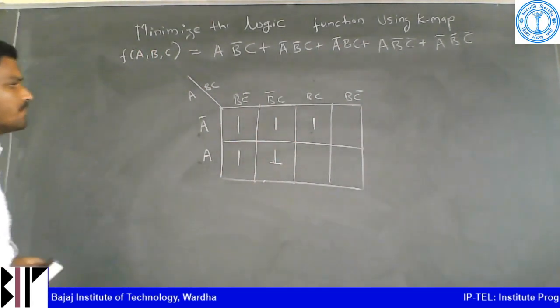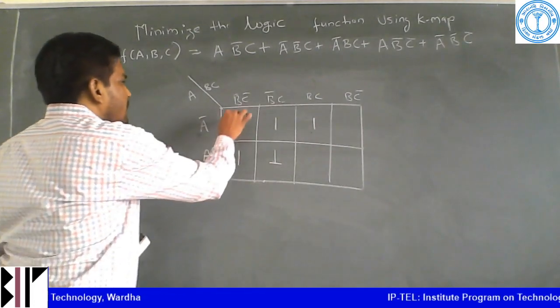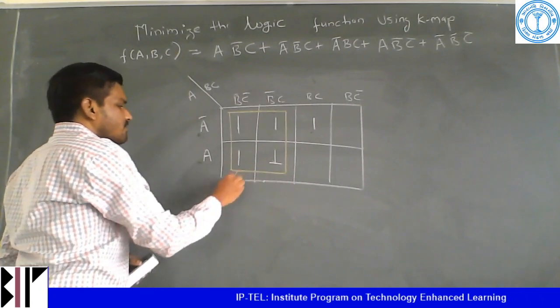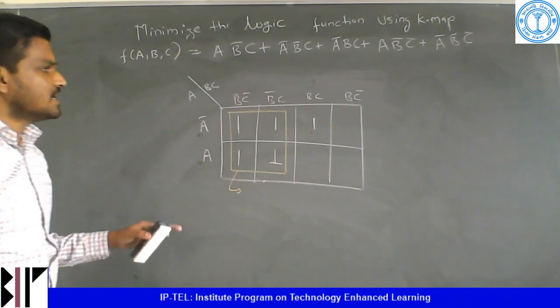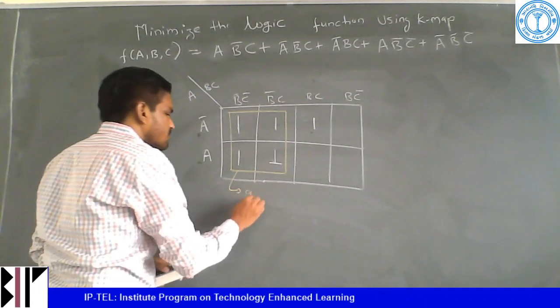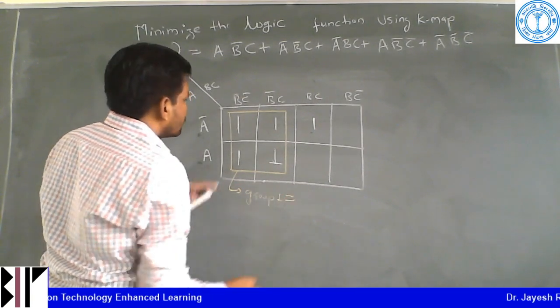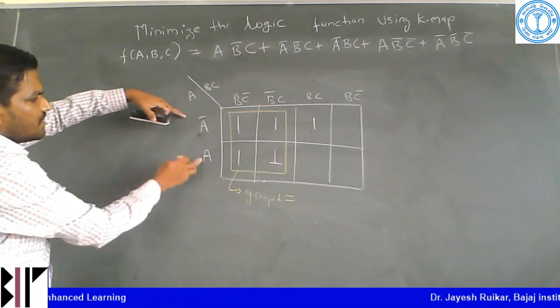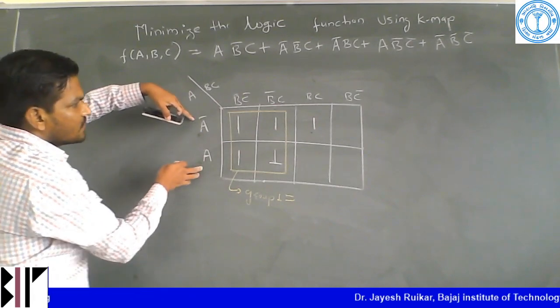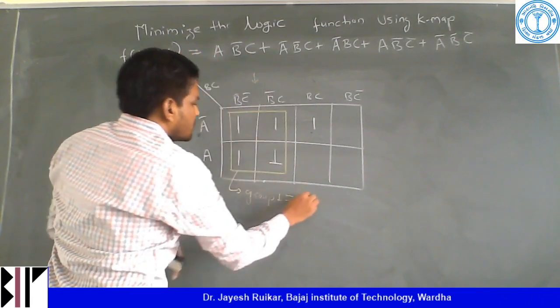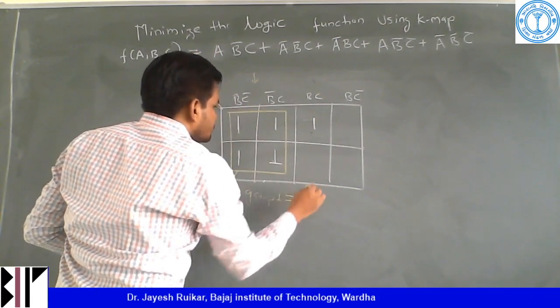Now I have to group the ones. Here I can see that I can form a quad, or 4 adjacent ones, and this is my group 1. When we look at this side, A bar and A are both there, so we can ignore them. From the top side, we see B bar. So the equation for this group is B bar.